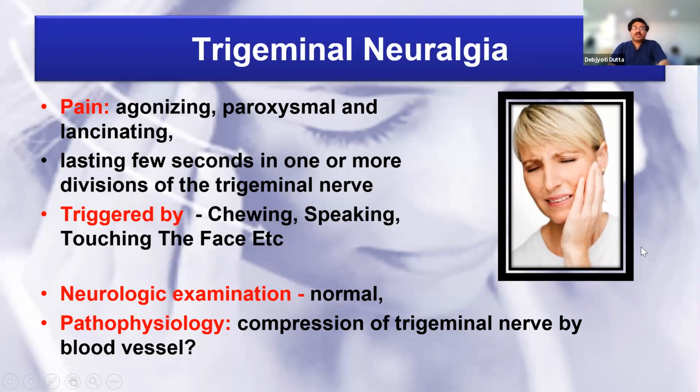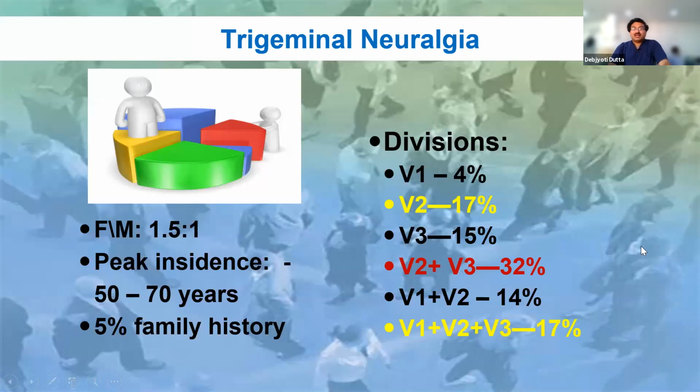Now, if we look at the epidemiology of trigeminal neuralgia, it is 1.5 times more common in females than males. Peak incidence is at 50 to 70 years, and 5% of patients have a family history. The trigeminal nerve, as we all know, is divided into three divisions: ophthalmic, maxillary and mandibular.